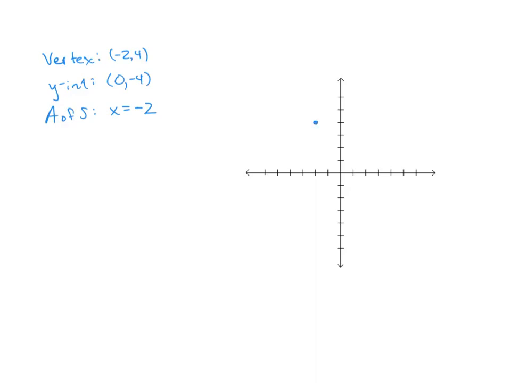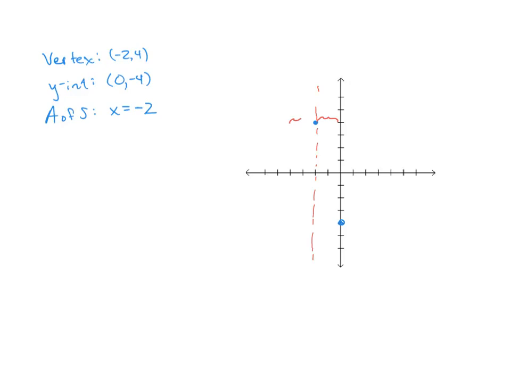Our y-intercept of (0, negative 4) is on the y-axis. And we have our axis of symmetry. We still need a symmetric point. So if we go 2 to the right of our vertex, we are at negative 4.